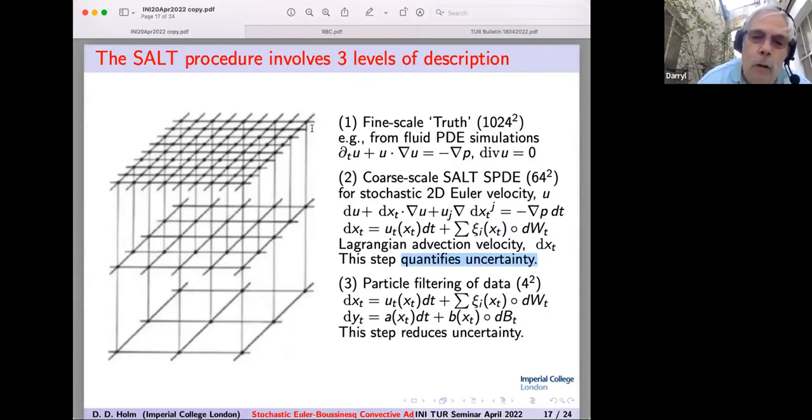On the other hand, there's a data assimilation step, which allows you, even at much coarser scale, to just put in some data that you measured, which is also the data carried by the fine scale. A little bit of this data will drastically reduce the uncertainty. It just crashes the width of the ensemble down around the truth.